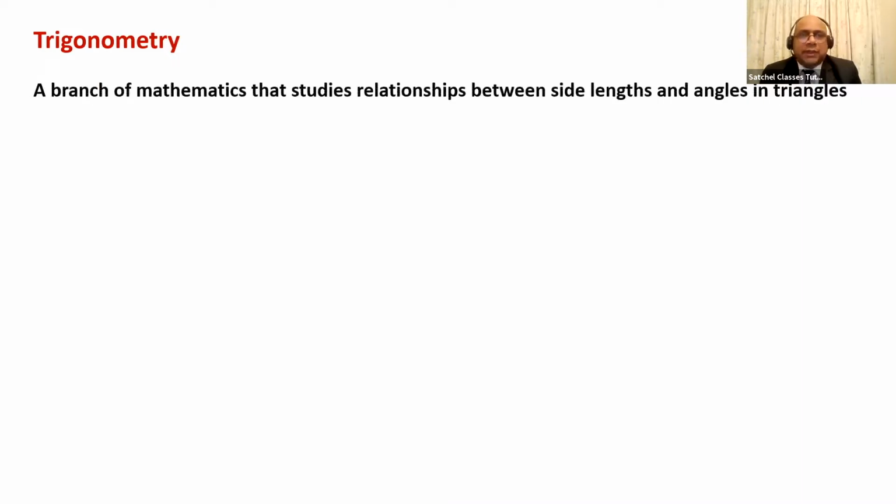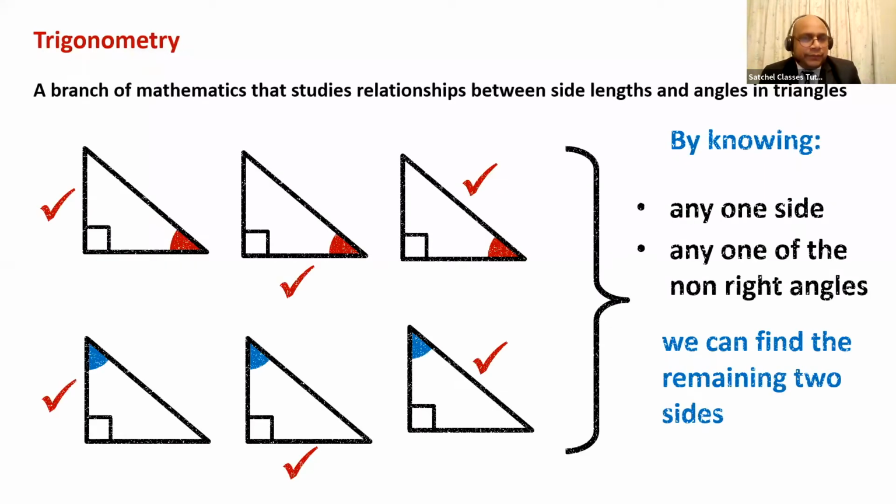Trigonometry is a branch of mathematics that studies the relationships between side lengths and angles in triangles. So, where can we use trigonometry? Let's understand that first. If we are given any one side of the triangle and any one non-right angle, which means we know that one of the angles in the right angle triangle is 90 degrees, but we are given any of the two remaining non-right angles, then we can still find the remaining two sides.